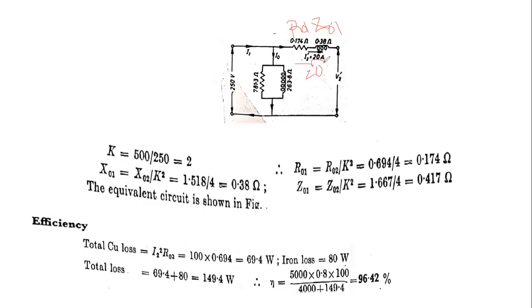This is I0, this is R0 and this is X0. We find those parameters from the given data, that is R01, X01, and R0, X0 and I0 values.